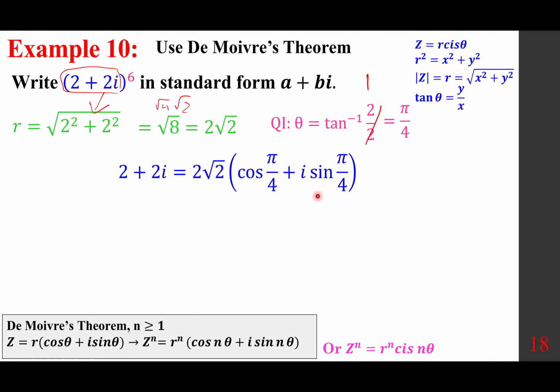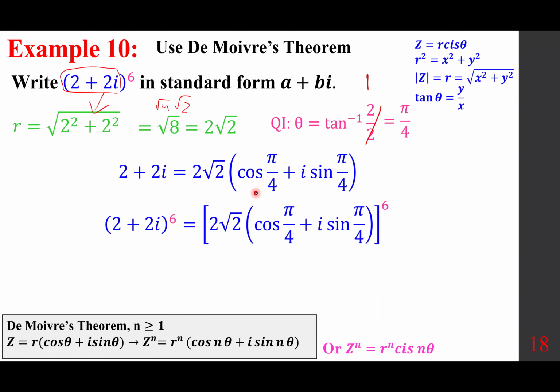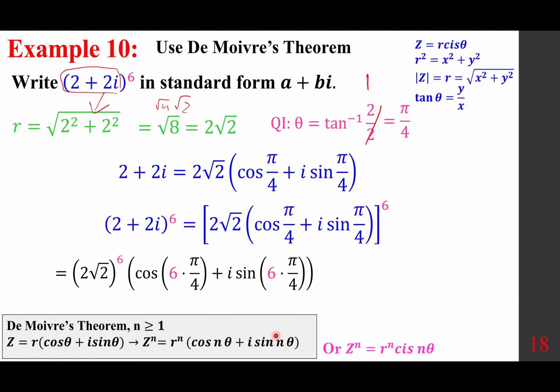I want to raise this to the power of 6. That means I need to raise this r to the power of 6, and then I need to multiply the angle by 6 according to De Moivre's theorem. Now, 2 square root of 2 to the power of 6. By the way, if you just raise it to the power of 2, 2 squared becomes 4 times 2 is 8. So this is the same as 8 cubed.